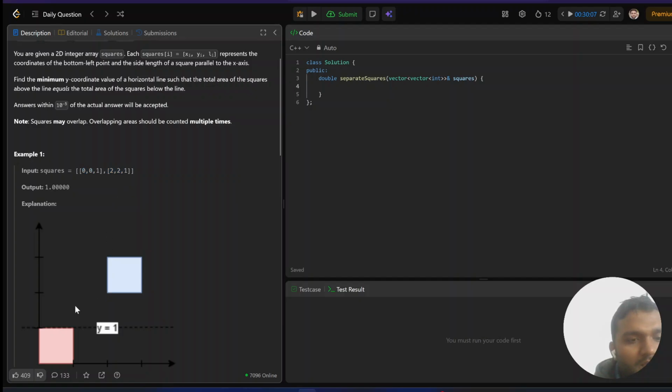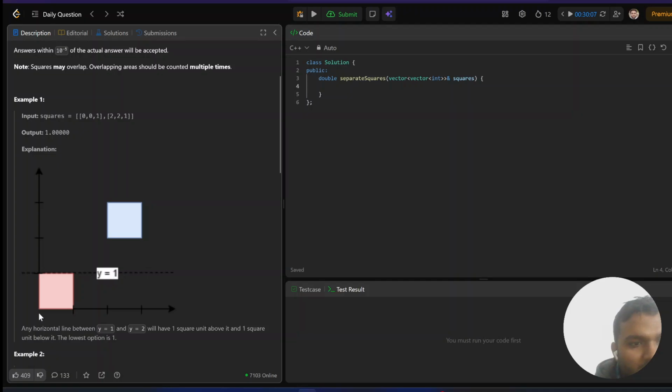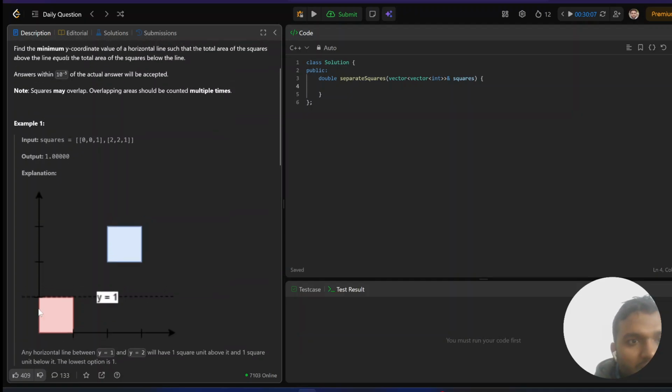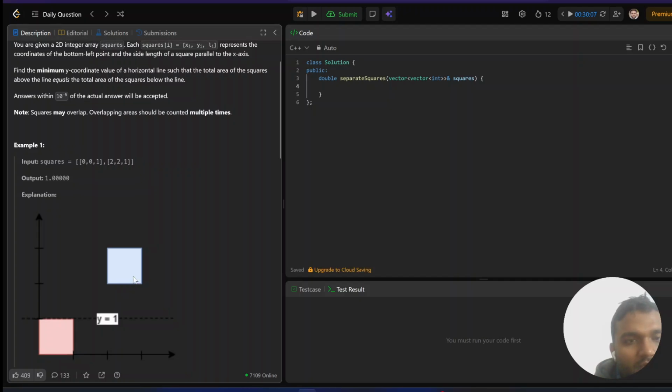First is at 0, 0, bottom left, and length is 1. Second is 2, 2, that is this, and length is also 1. Okay, now I can understand the question.